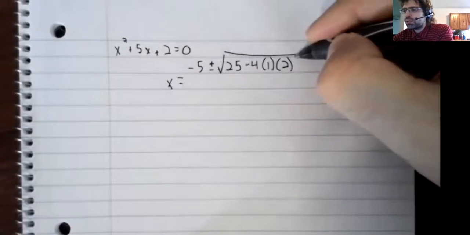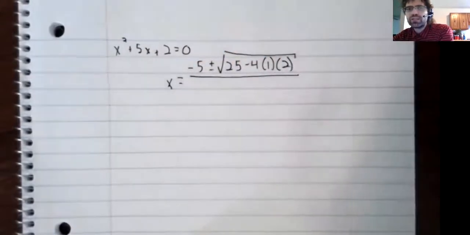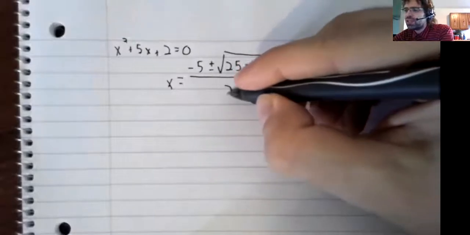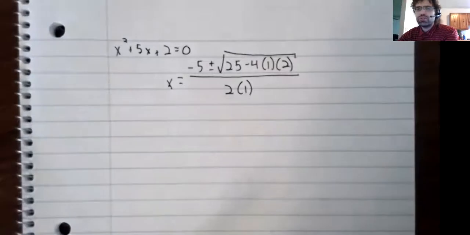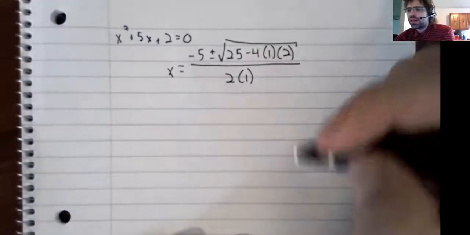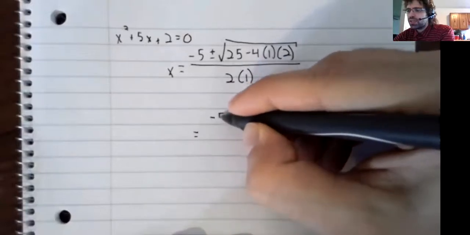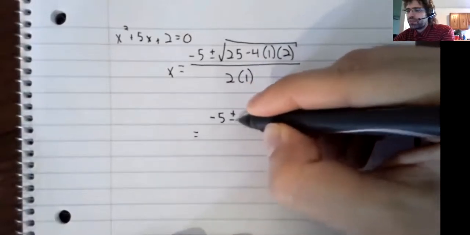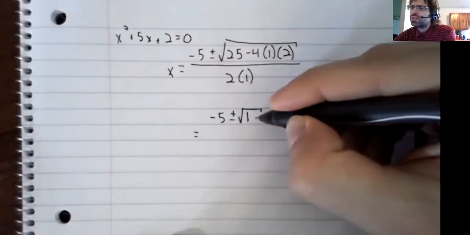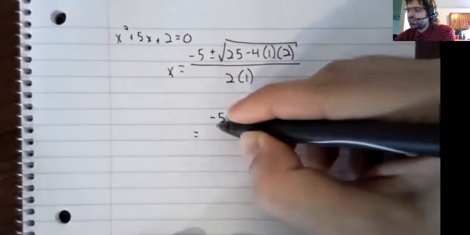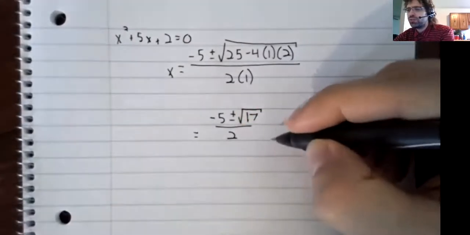Negative b plus or minus the square root of b squared minus 4ac, all over 2a. So -5 plus or minus the square root of 17, divided by 2.